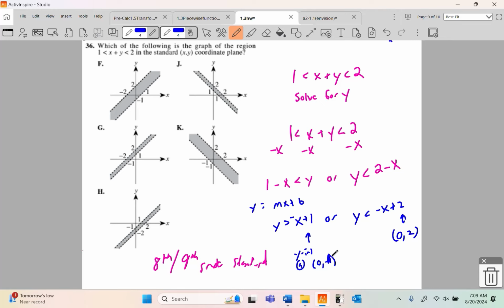So I'm looking for a y-intercept at 0, positive 1, and 0, 2. This one has an issue. That one's not it. So we still made it 50-50. I just did it wrong. Like I said, it ain't perfect.